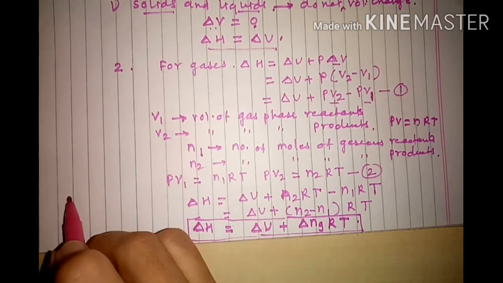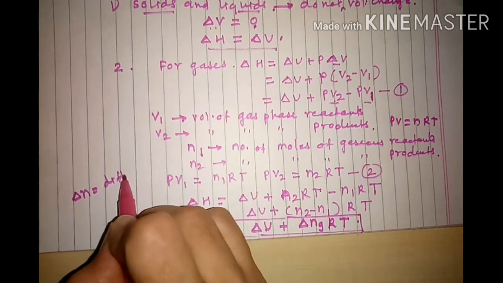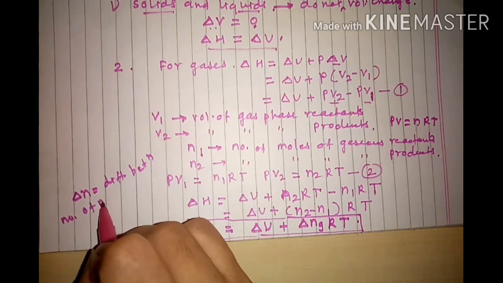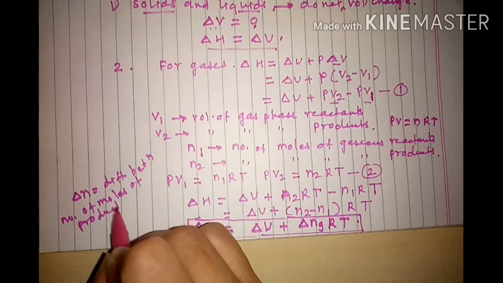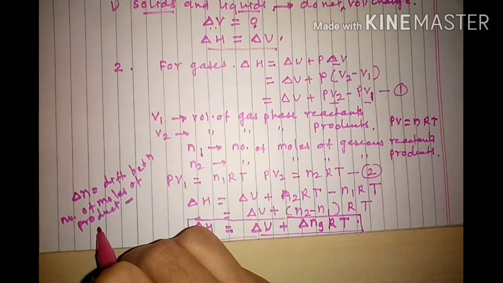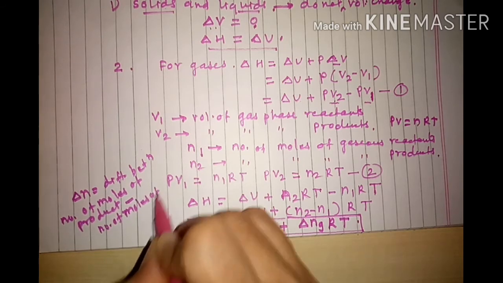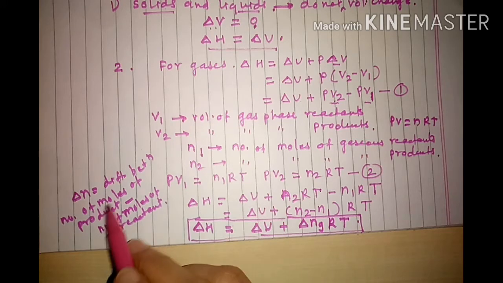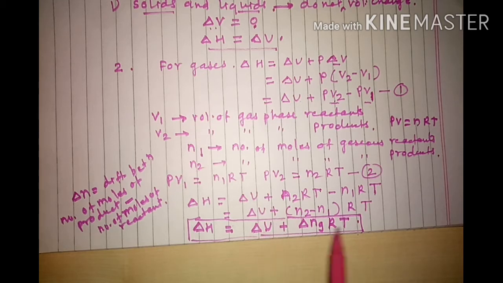So delta N is the number of moles of product, that is N2, minus the number of moles of reactant. By looking at the reaction, you can very easily calculate the number of moles of product and reactant and substitute the values here, and you can get the change in enthalpy for the reaction.